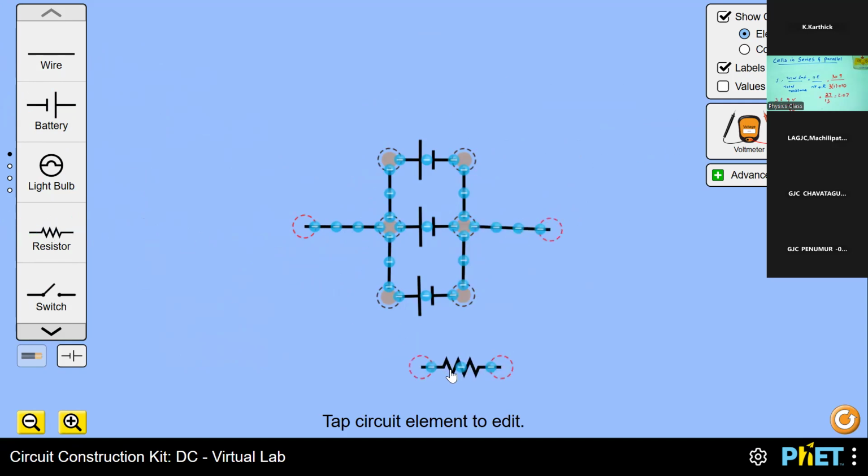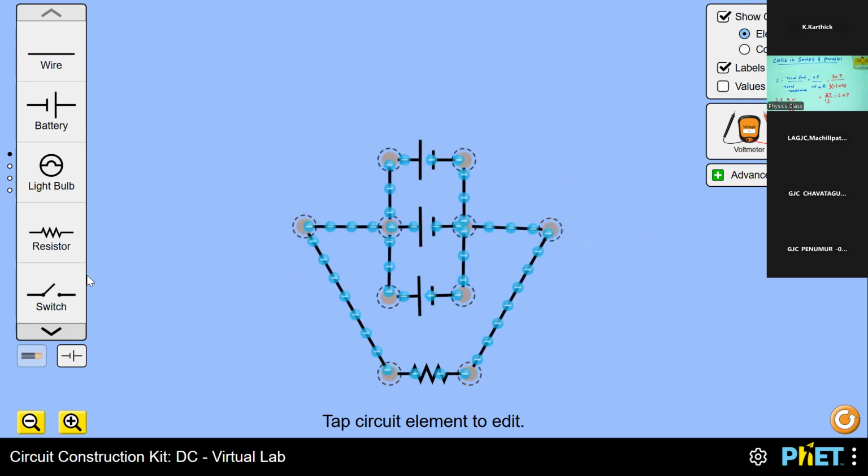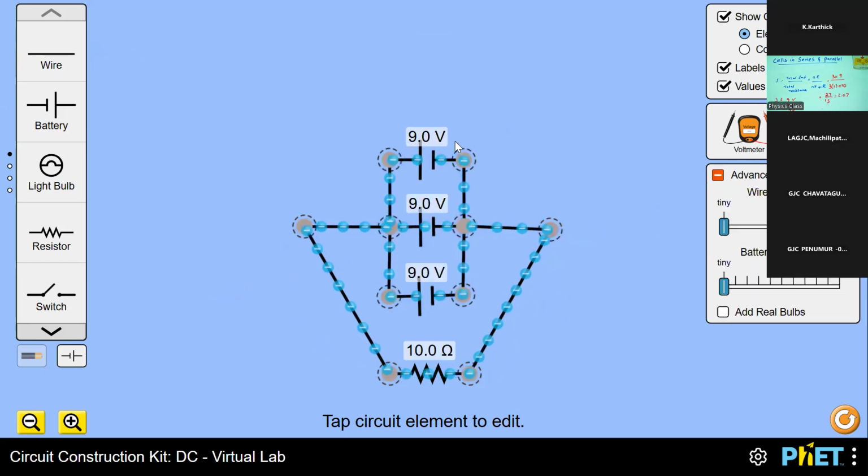And then we have to add the one resistor, external resistor here. So we have to add the switch and the ammeter. So right here you can see the values, 9, 9, 9 internal resistance.